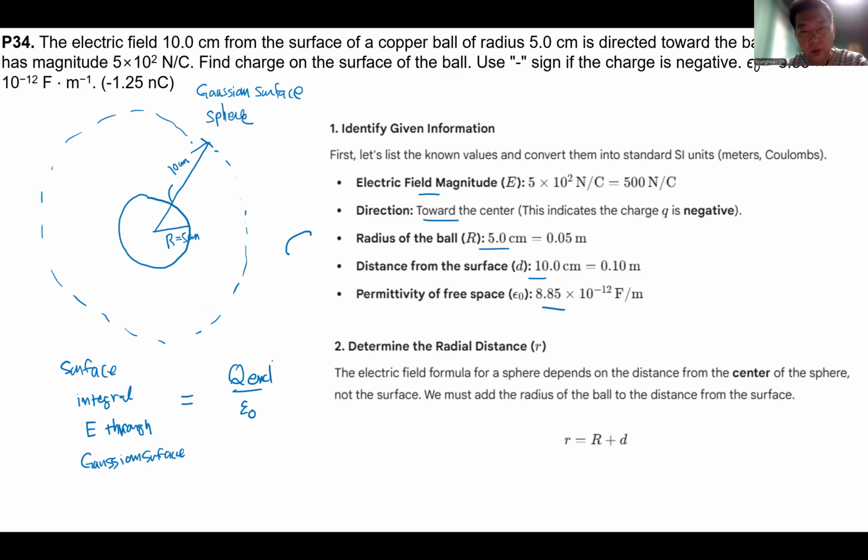Okay. So in this case, it is 5 centimeters plus 10 centimeters as our distance. Note that it is measured from the center. Okay.